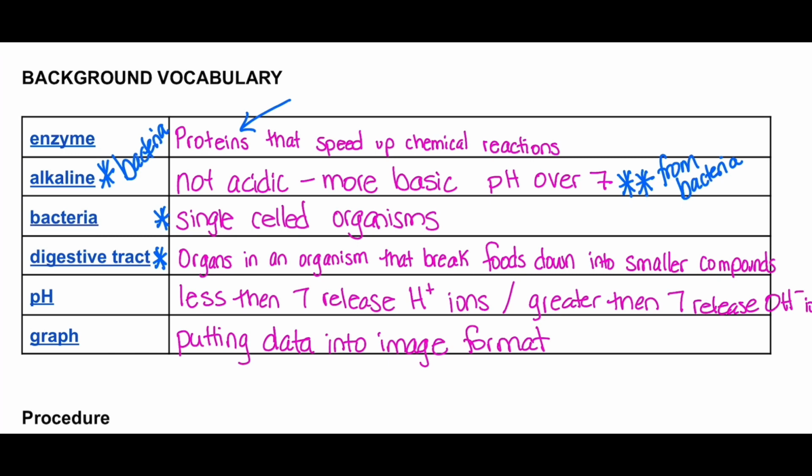You'll learn more about that in chemistry next year. We're looking for pH greater than 7, and we're looking for the enzymes to function the best in those kinds of pHs. And that means that must be our enzyme that came from the bacteria.